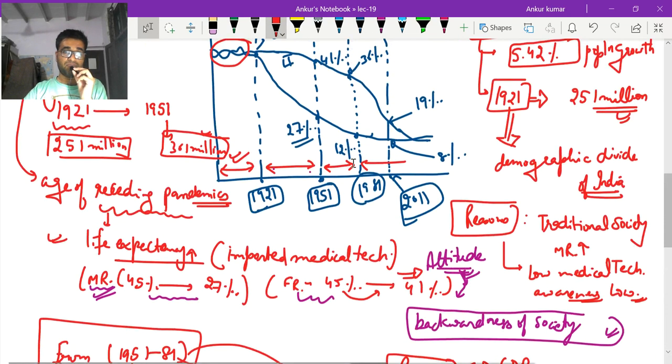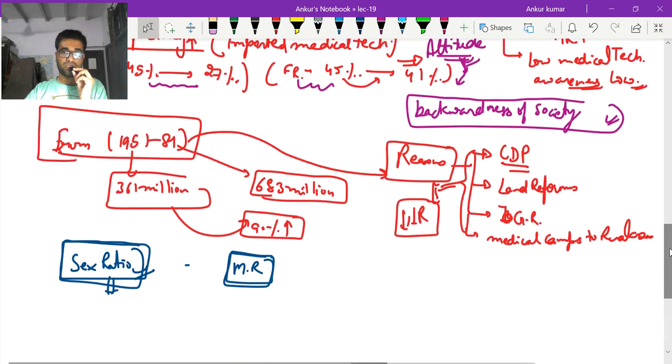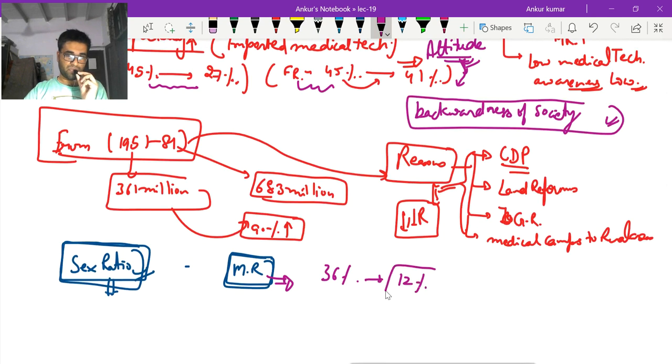So in this third phase, from 1951 to 1981, the fertility rate reduced from 41 to 36, not that much reduction, but the mortality rate witnessed a sharp reduction from 36 to 12.